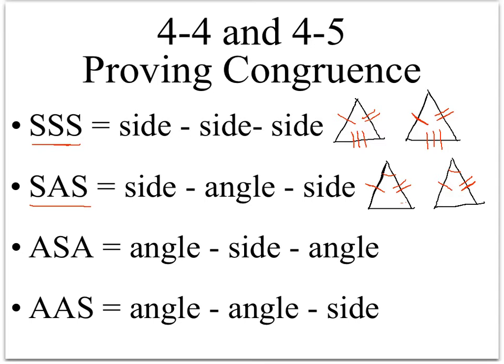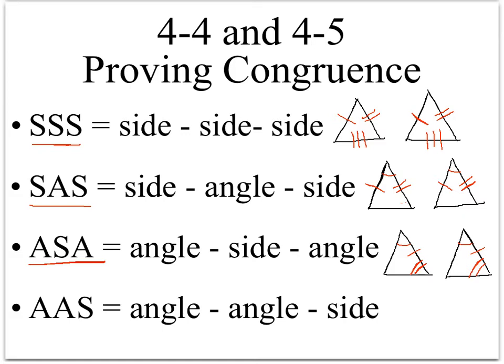So also, if we have 2 triangles that have 2 angles in common, and the side that is right in between those 2 angles, they also have that in common, then they have angle side angle congruence.